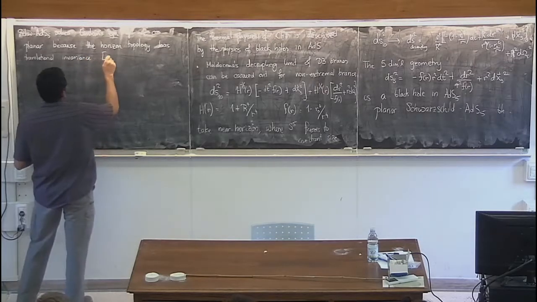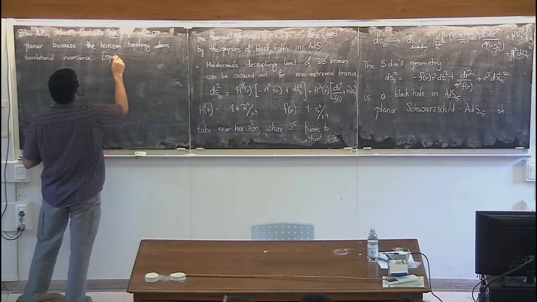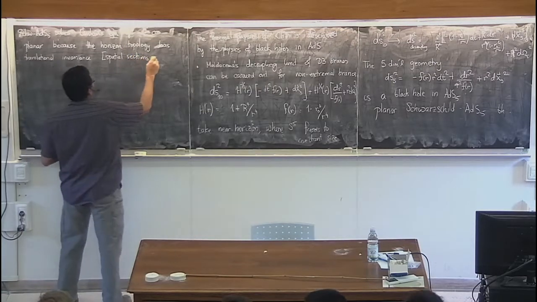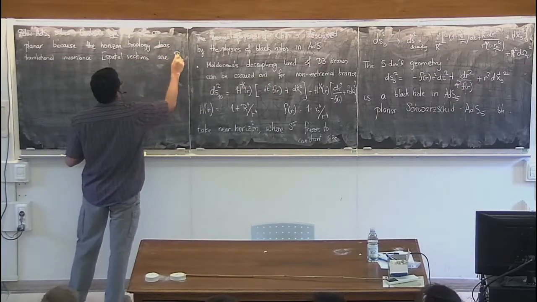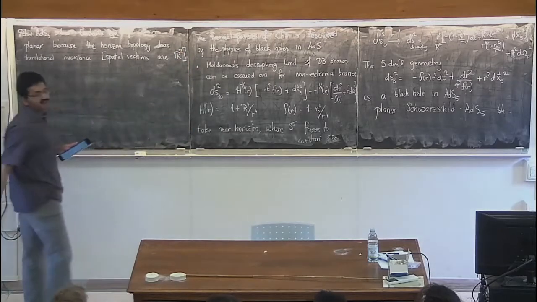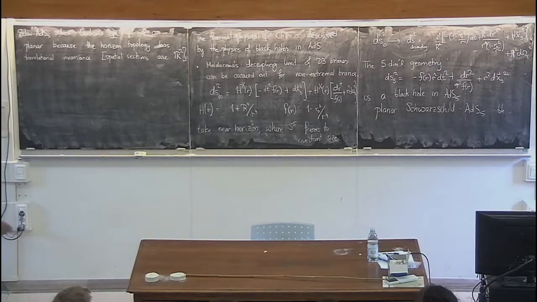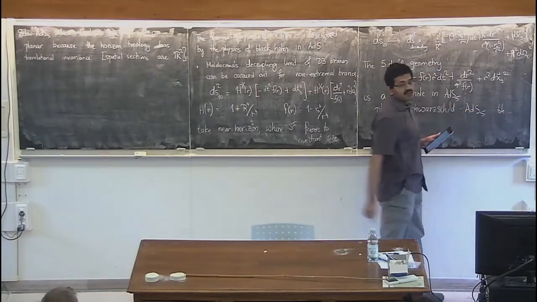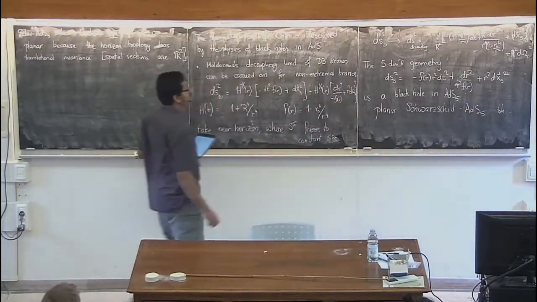The spatial sections are a 3-dimensional flat space, because I have 3-dimensional flat space coordinatized by x here, and they survive in the limit.